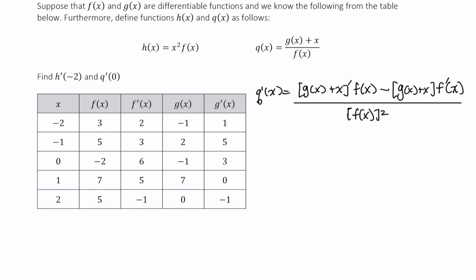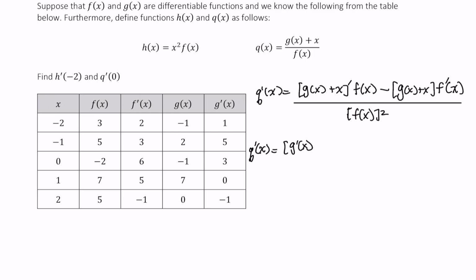Be very careful here, our numerator is glued together like a group, so we have to multiply the entire numerator by the derivative after this minus sign, which is why I have these extra brackets around it. The derivative outside is telling me I need a derivative of each part. So q prime of x is equal to, well, the derivative of g is g prime of x. The derivative of x is 1.